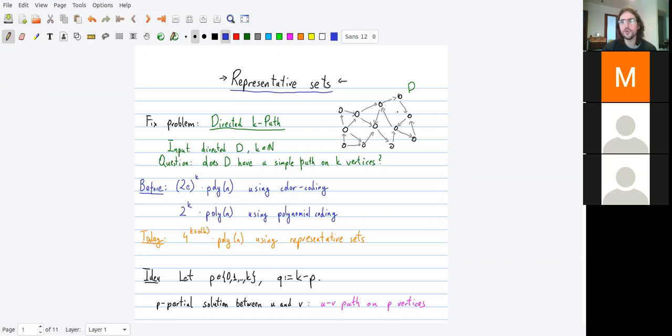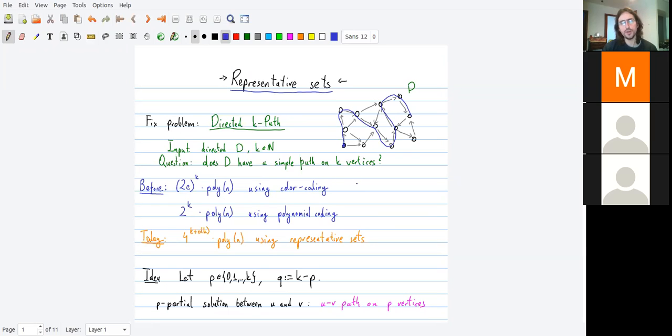So for instance, if you look at this directed graph here, I can start in this vertex and then go like that along the edges respecting the direction. In this way, I created a simple path on 10 vertices, I think.